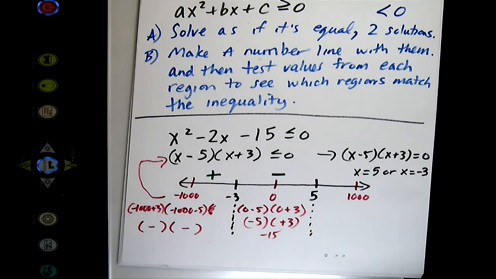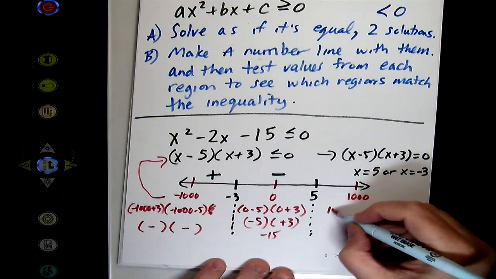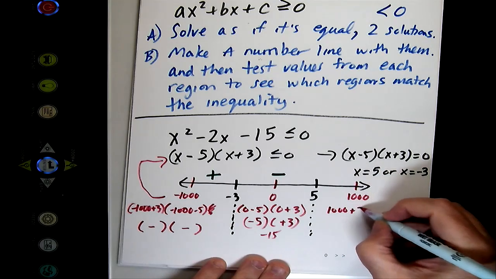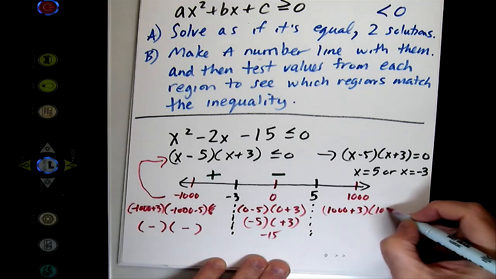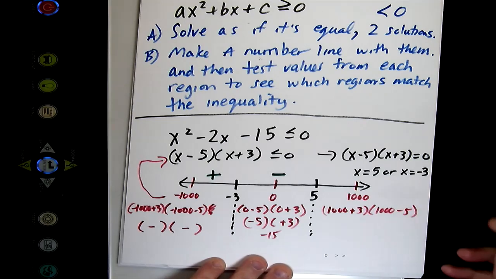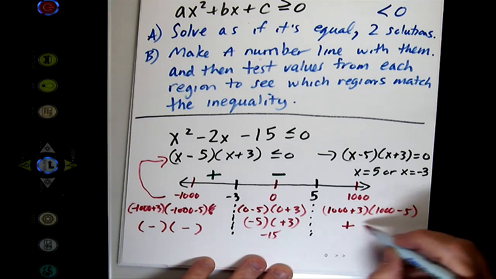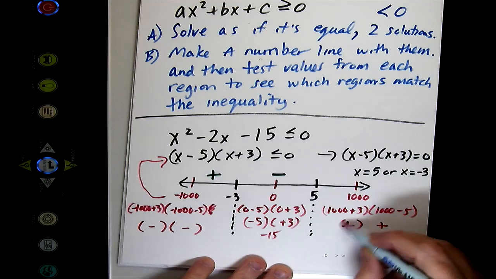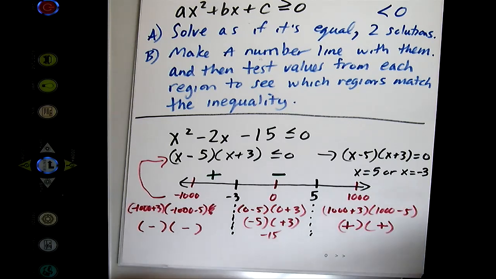And then if I do it again with the 1,000, I get a positive and a positive. Two numbers multiply together to make a positive.